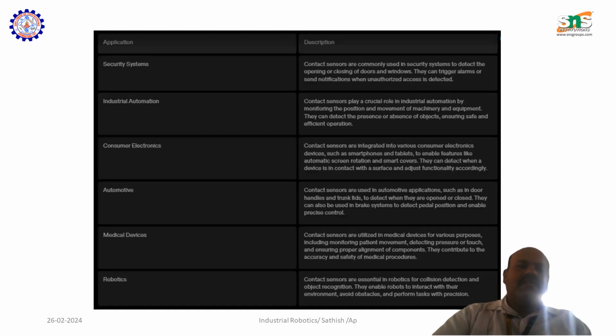So what are the applications of these contact sensors? Security systems, where they are commonly used for opening or closing of doors and windows automatically. Industrial automation, where in machineries and equipment they monitor the position and presence of objects, ensuring safe and efficient operation.